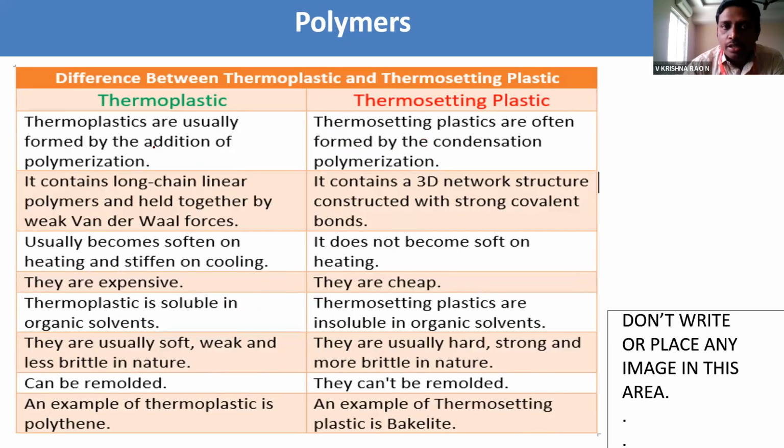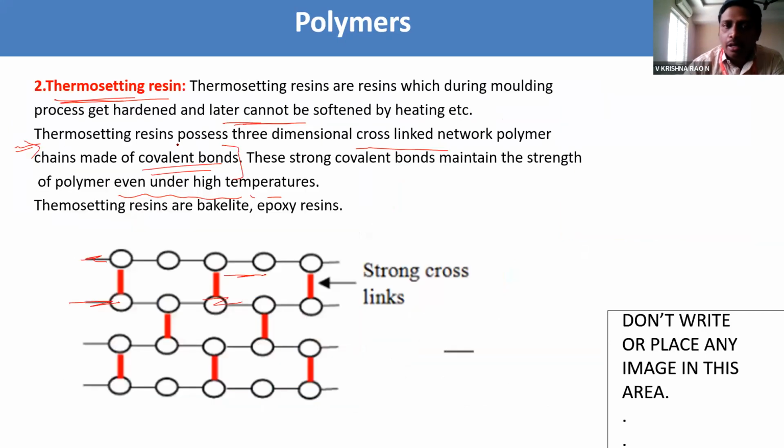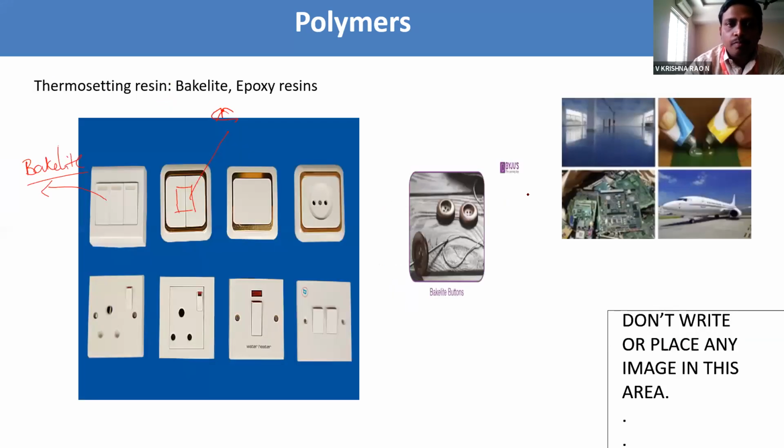Now, the differences between thermoplastic resin and thermosetting plastics. Thermoplastics are usually formed by addition polymerization, whereas thermosetting plastics are prepared by condensation polymerization or step polymerization.